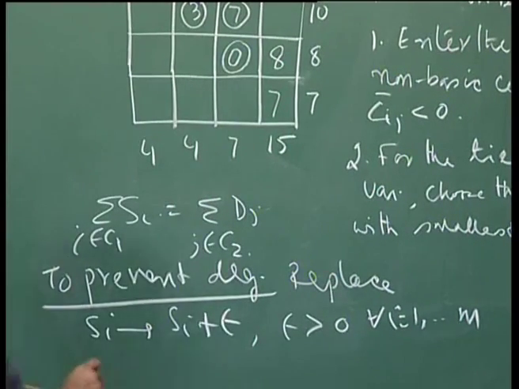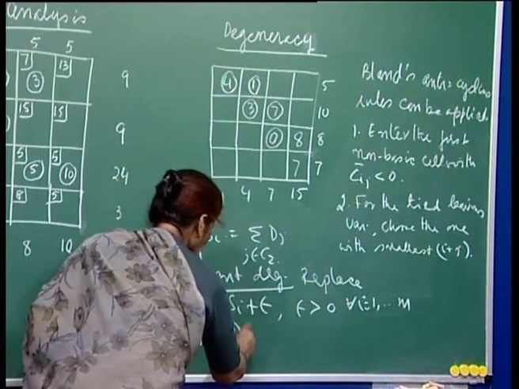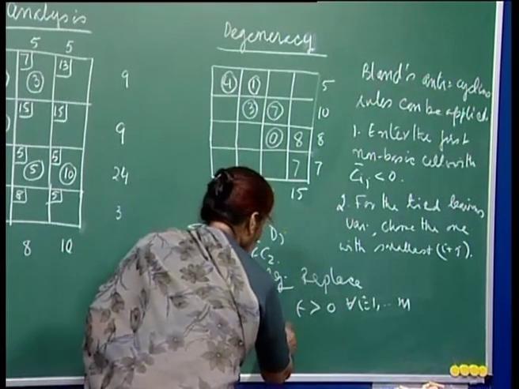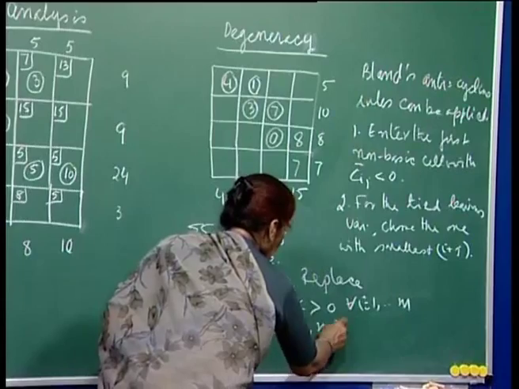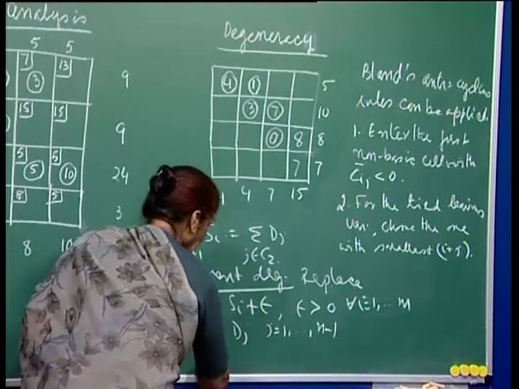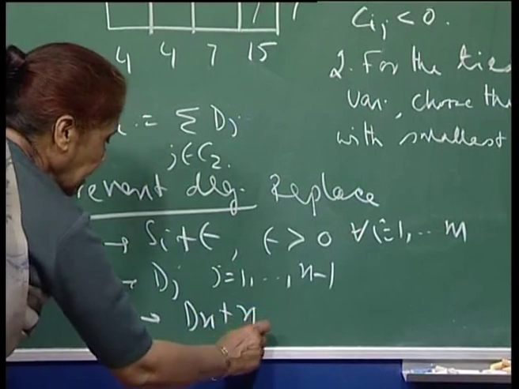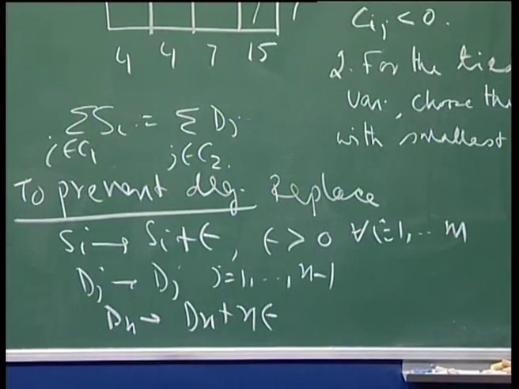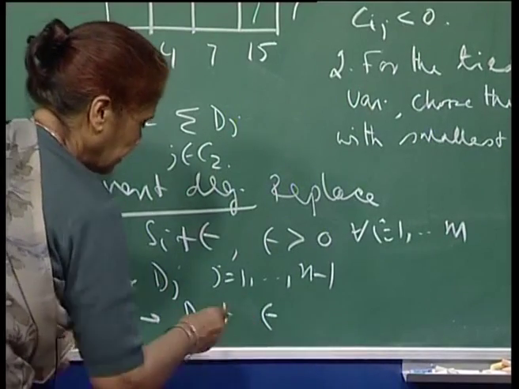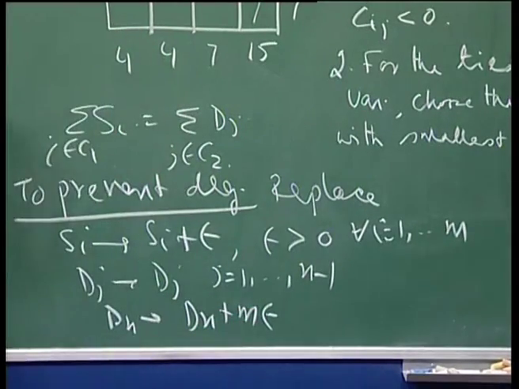Then replace dj by dj for j varying from 1 to n minus 1, and dn goes to dn plus m epsilon. Remember, the problem has to remain balanced.